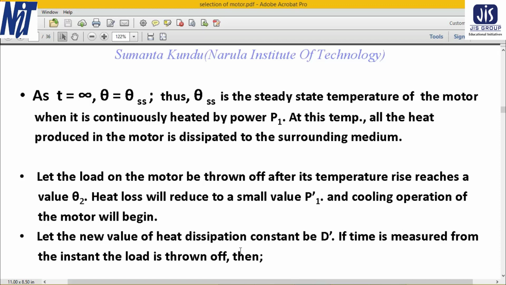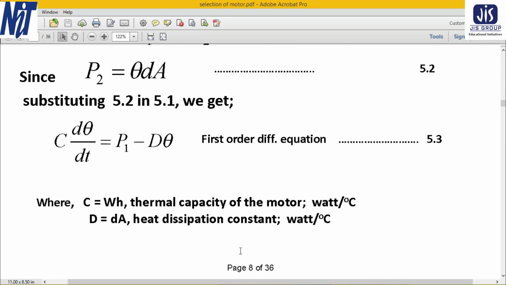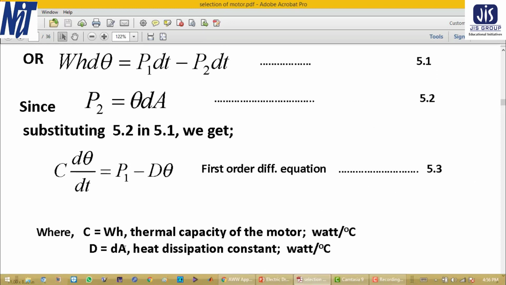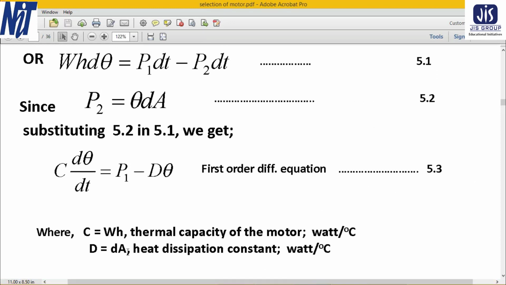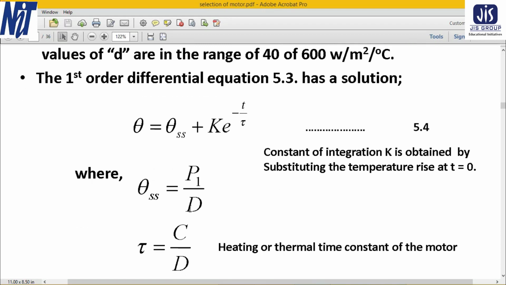Now if this heat loss component reduces, the heat dissipation constant will also change, D also changes, because we have seen that D = D into A. As this P1 is changing, D also changes.